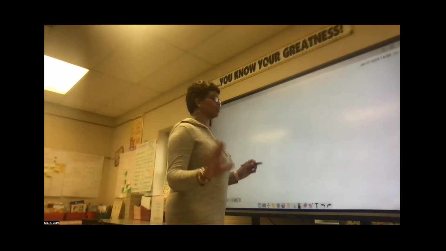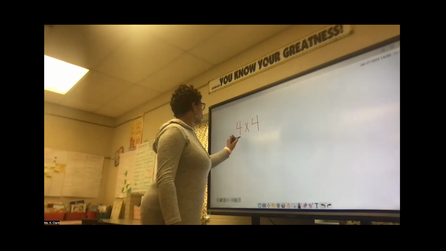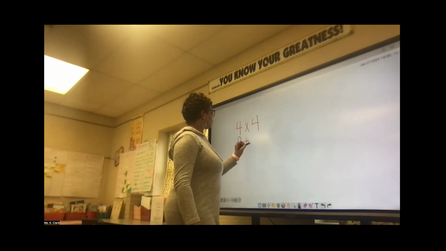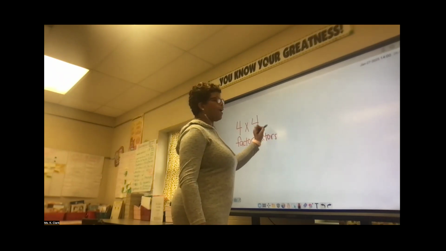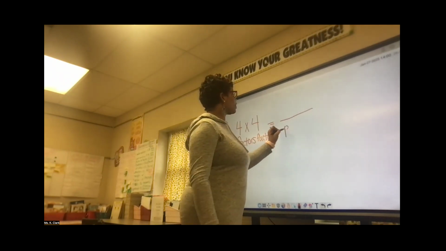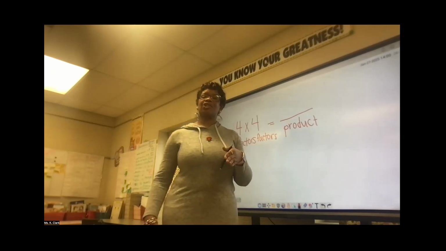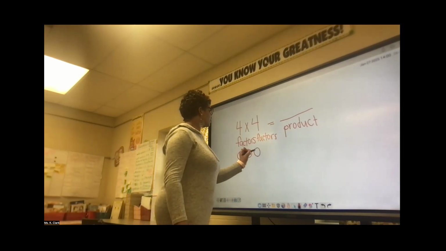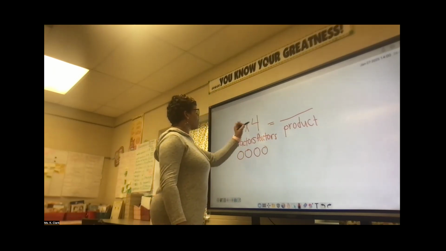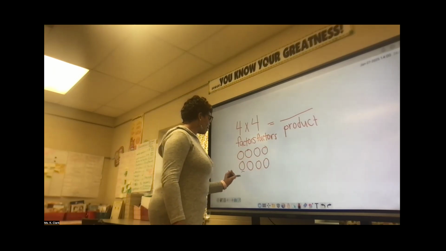Again, when I multiply, I use the two numbers, 4 times 4. These are my factors, right? And I multiply them to find the product. I'm then going to turn this into a division problem, but let's pay attention. So if I have 4 groups, 4 times, remember we talked about that and we use arrays to do that.